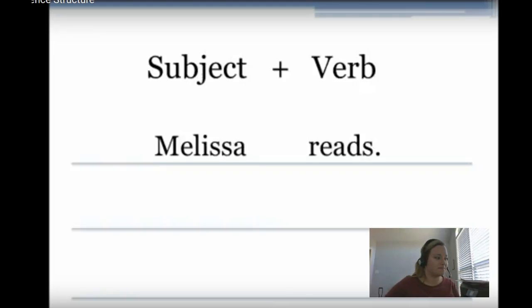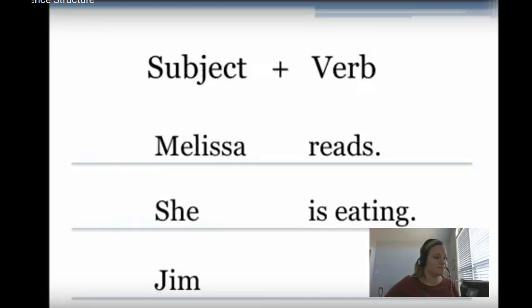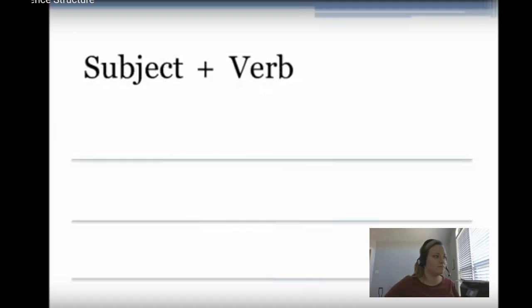Let's look at 2 more examples. She is eating. Jim will leave. These sentences are very basic and do not have an object. The next pattern is subject plus verb plus object.